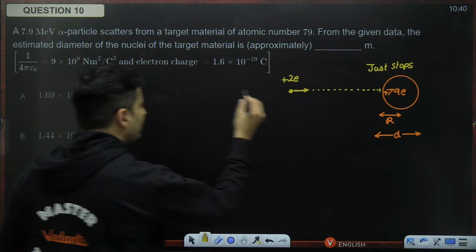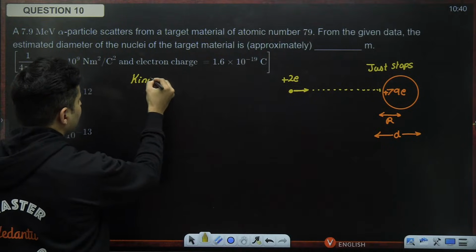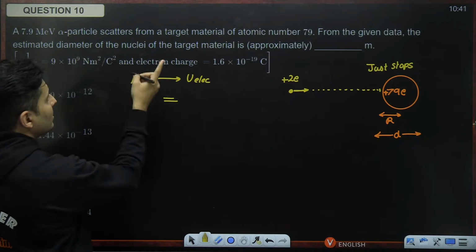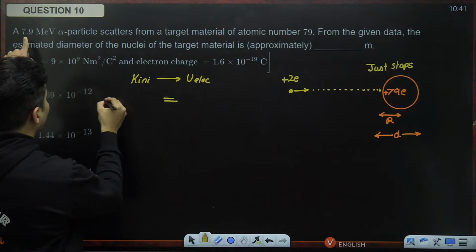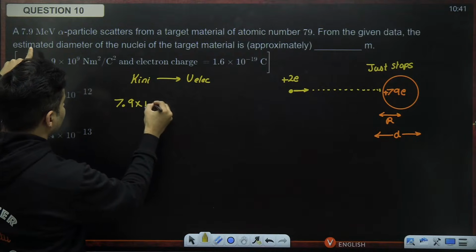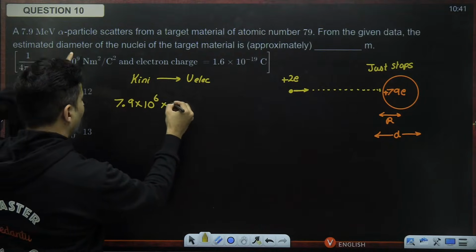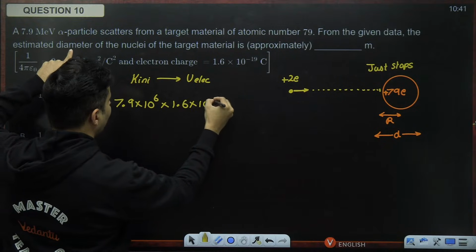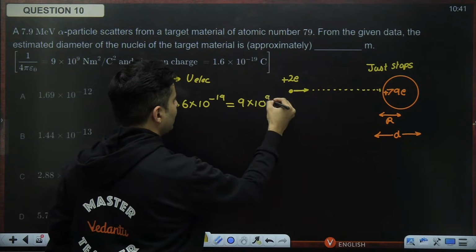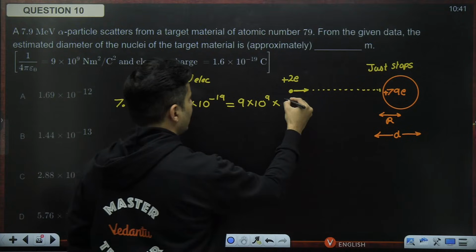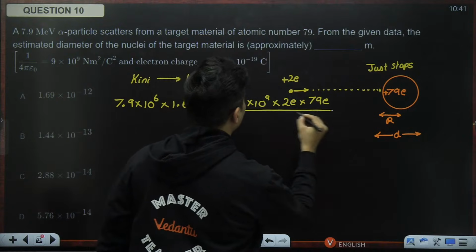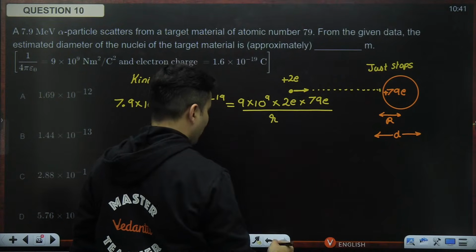So all you need to do is, the initial kinetic energy will convert into electrical potential energy. Use this formula. Kinetic energy is already given, 7.9 mega electron volt. 7.9 mega is 10 to the power 6, and electron volt is 1.6 10 to the power negative 19. Electrical potential energy is 9 into 10 to the power 9, which is the Coulomb constant, multiplied by charge 1, charge 2, so 2e multiplied by 79e, the whole thing divided by r.